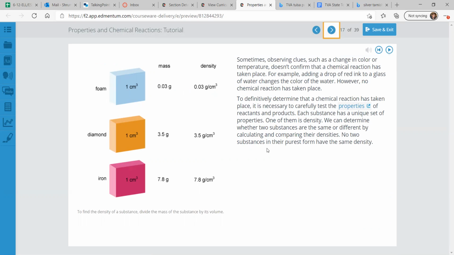To definitively determine that a chemical reaction has taken place, it's necessary to carefully test the properties of reactants and products. Each substance has a unique set of properties. One of them is density. We can determine whether two substances are the same or different by calculating and comparing their densities. No two substances in their purest form have the same density.